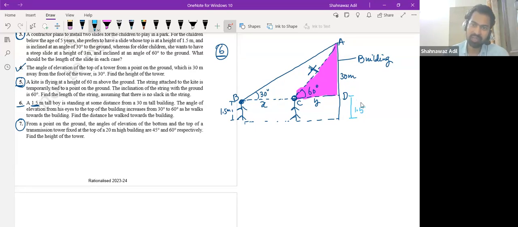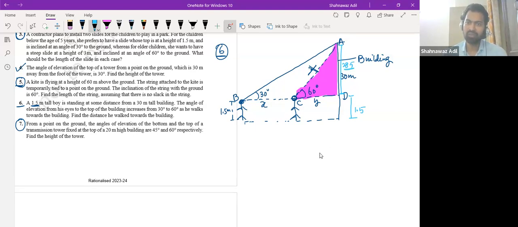So we have to calculate this height. What would be this height? That's not 30 meters. Building, oh, okay. So 30 minus 1.5, which is 28.5, right?